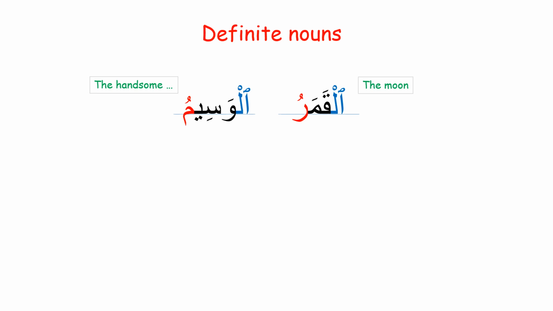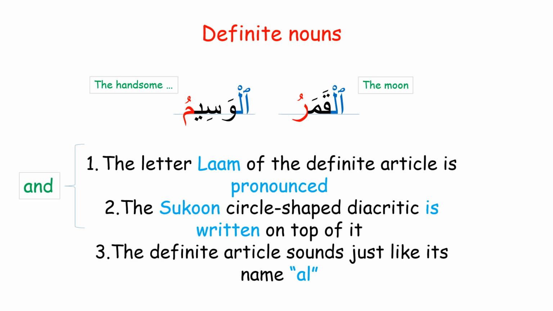And this time I want you to pay close attention to the fact that the lam with sukoon that comes with the definite article is pronounced, that there is a sukoon written on top of it, and that the sound of the definite article is al, just like its name. I know that this sounds trivial, but please bear with me. You will realize in a couple of minutes how crucial it is. القمر, الوسيم.